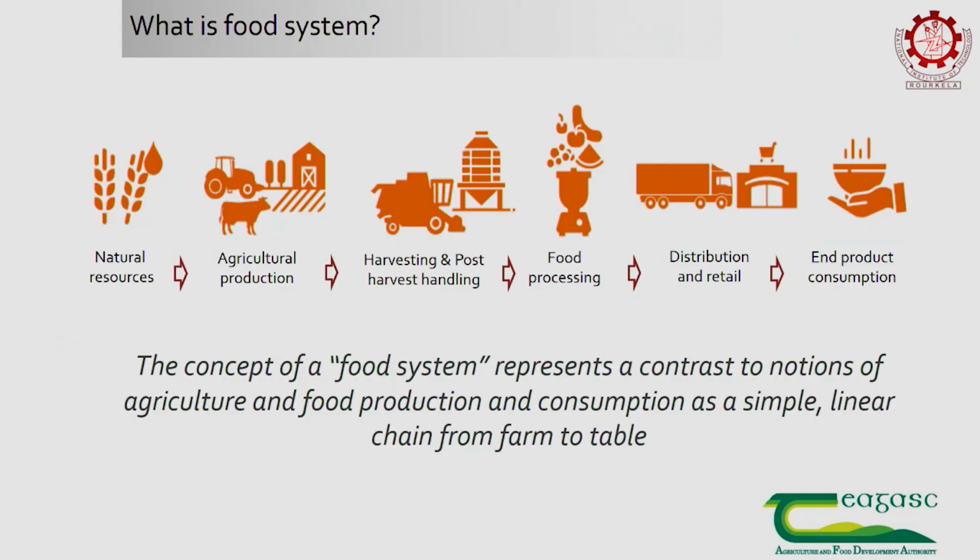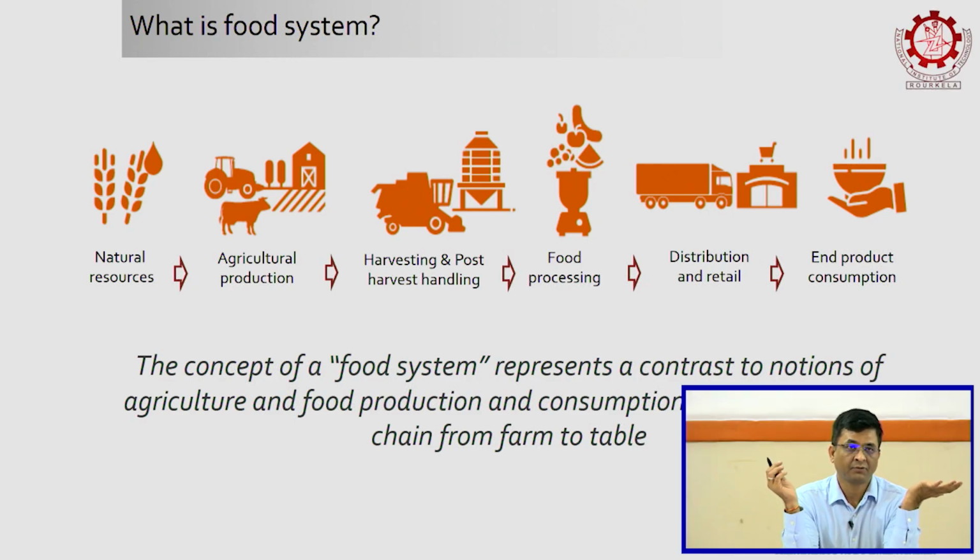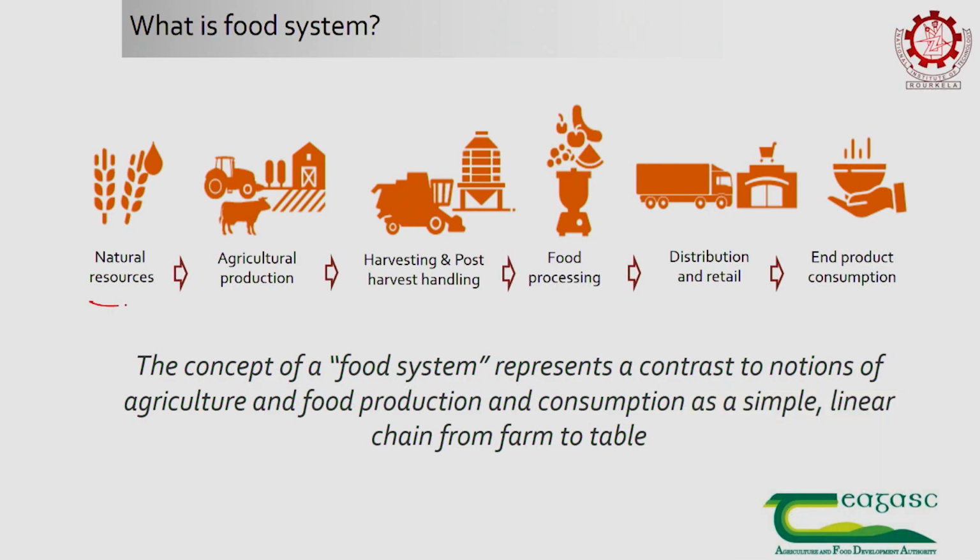In order to understand this, first we need to know what we really mean by food system. If you take any crop or any product, this starts with what? Biomass, that is a natural resource that is grown agronomically and goes into production.